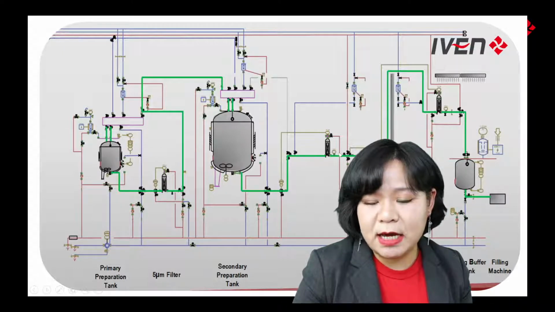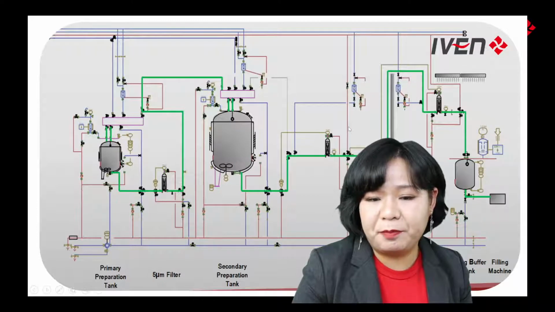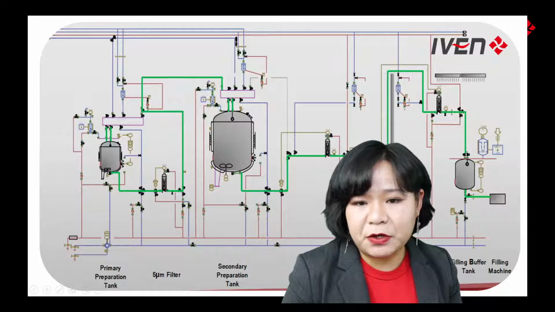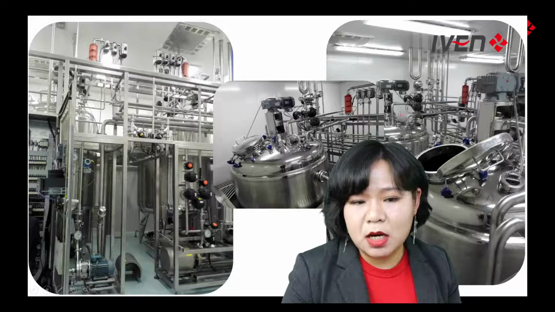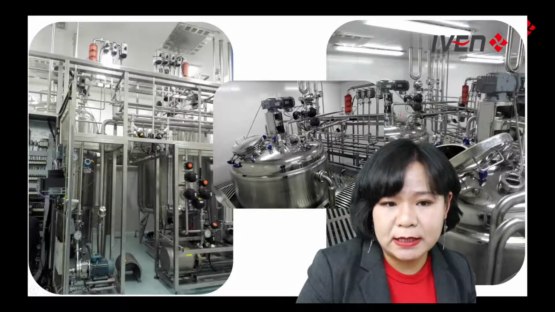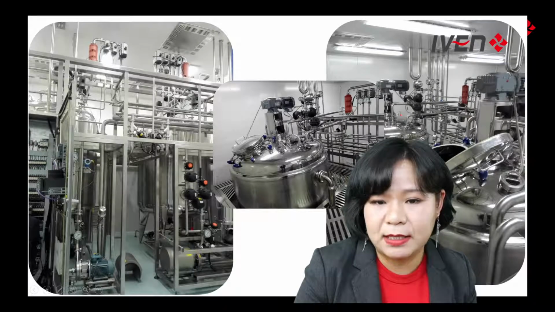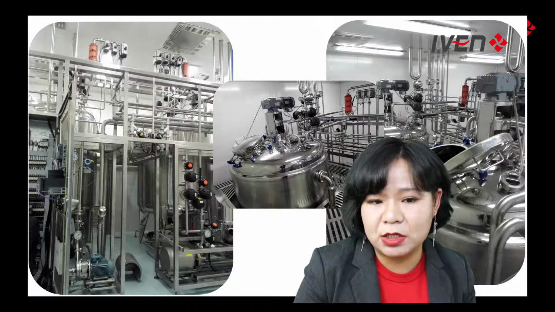The next step we have before the filling tank: before the buffer tank, before filling, there's another filter. Here are some user site photos to show you the solution mixing and the tanks and each distribution corner.